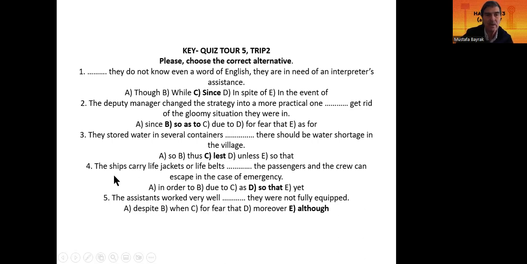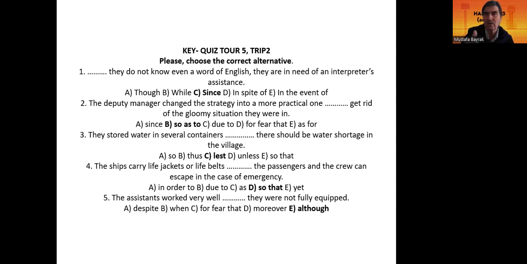Okay. For fear that there should be, in case that there should be water shortage in the village. Okay. The ship carries life jackets or life belts so that the passengers and the crew can escape in case of emergency. Yes, I really advise you to look them up in dictionaries. They have got beautiful meanings and nuances.